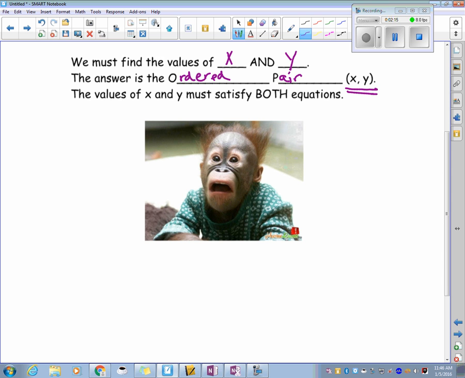The values of x and y must be true for both equations. So when we plug them in and we test to see if it's true, if it's not true for one of them, it's not a solution to the system. So it has to be true for both of the equations.